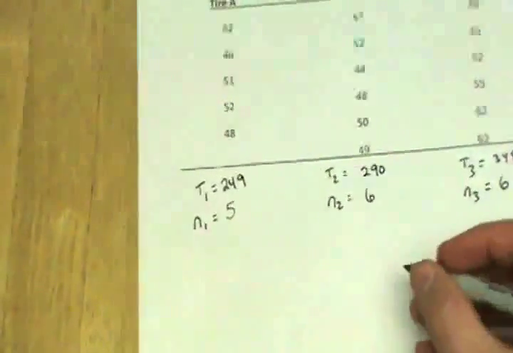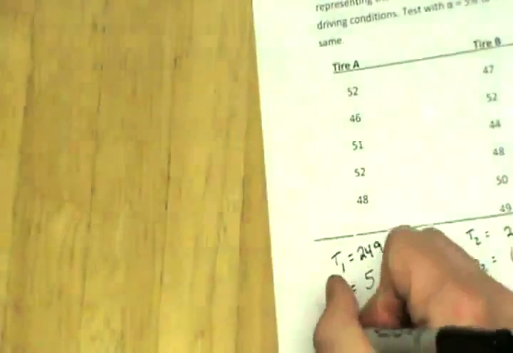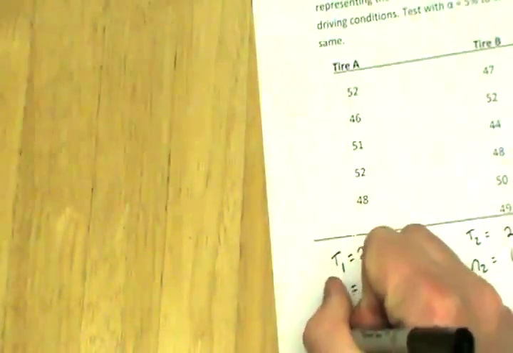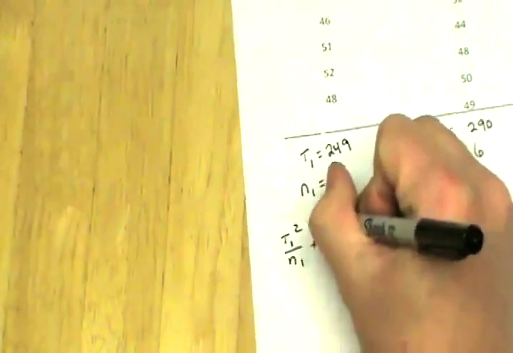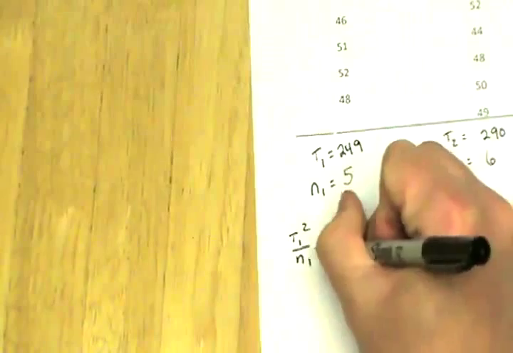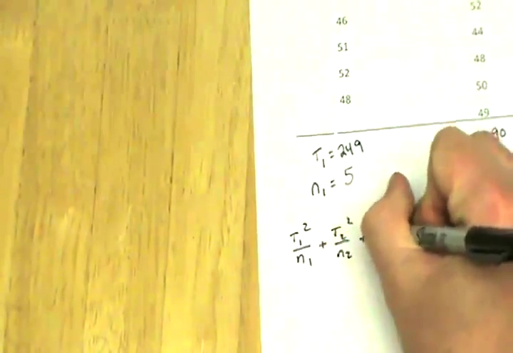All right, so now of the 3 columns, we want to find 5 items. We first want to find T1 squared over N1 plus T2 squared over N2 plus T3 squared over N3.